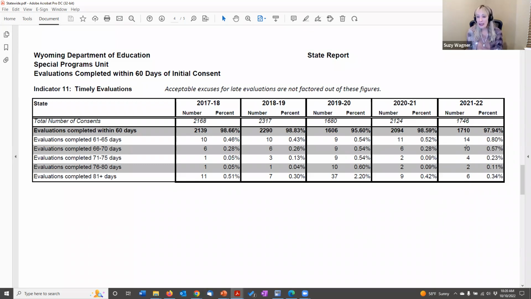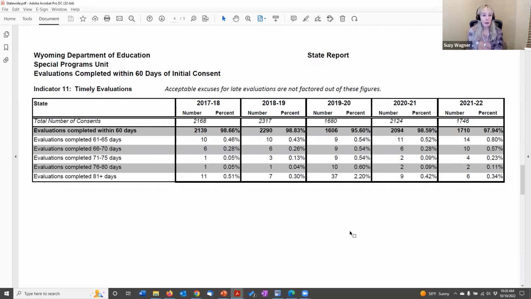And so these 36 are part of the statewide self-assessment that is currently going on. So be sure if one of these 36 are at your district, you provide us a reason as to why they were late. And then some of those reasons are acceptable, and so we will adjust the rate accordingly.